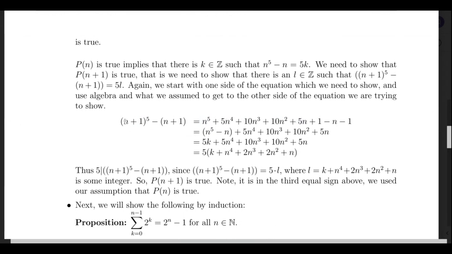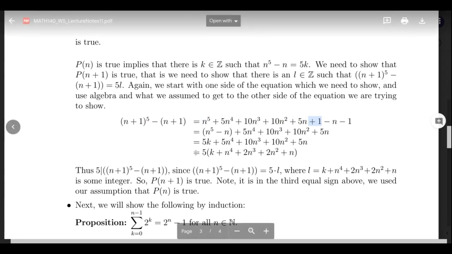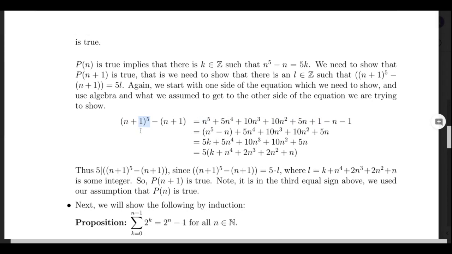Then the first term, n, goes in descending order. So we have n raised by 5 for the first term, n raised by 4 for the second term, n raised by 3 for the third term, n squared for the fourth term. You know, this is n. Then the last term has no n in it. We can think of it as n raised by 0, which is 1. And then the second term goes in ascending order.